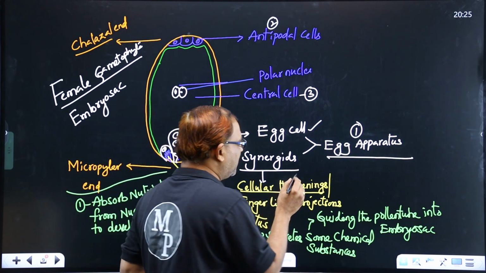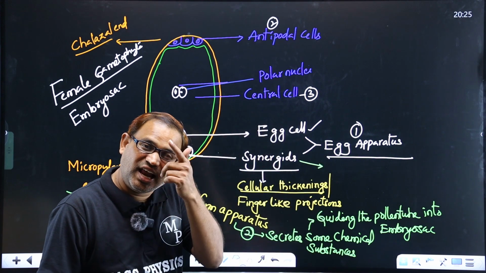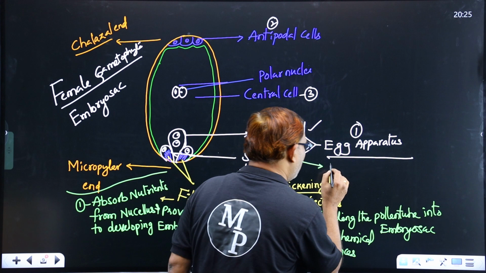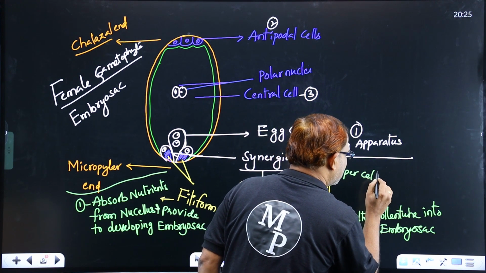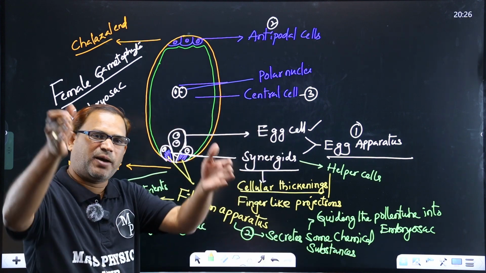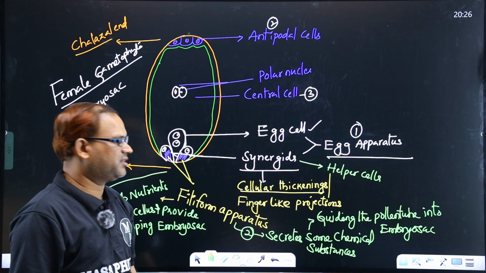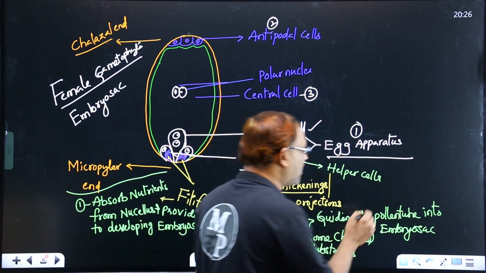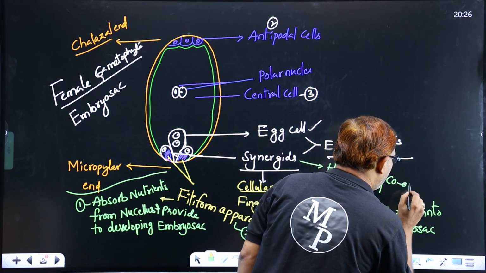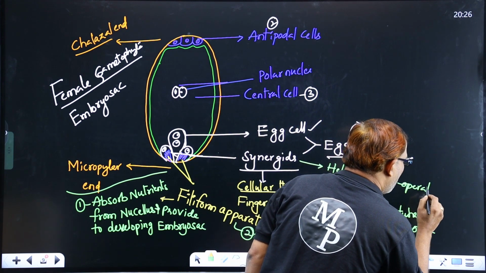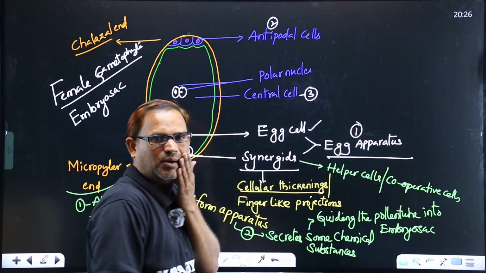That's why synergids are also called helper cells, because they help in guiding the pollen tube into the embryo sac. Helper cells are also called cooperative cells. Synergids are the important ones.